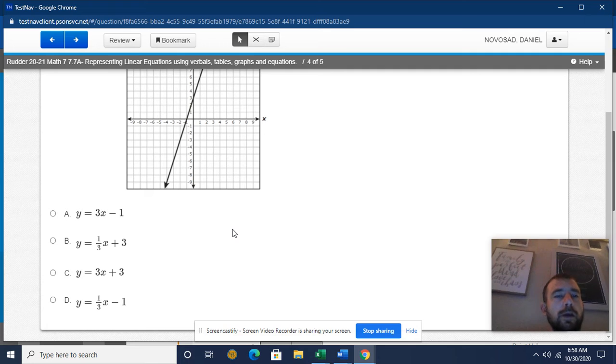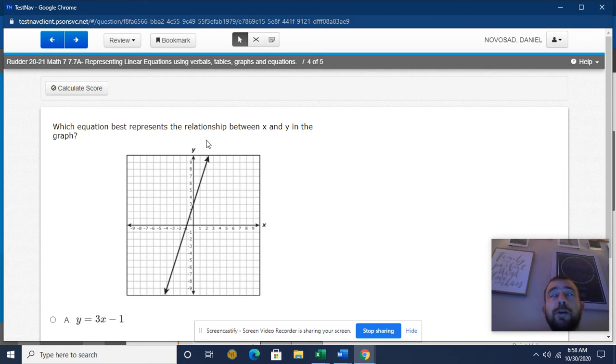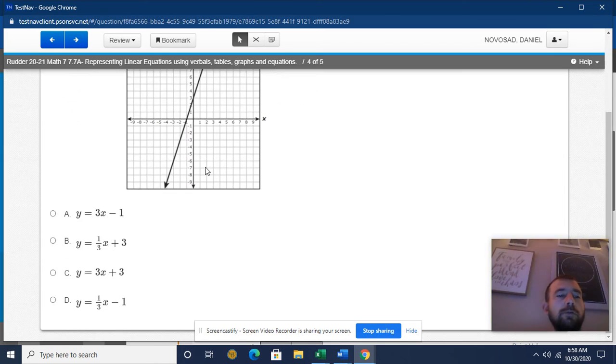Don't just do one, because maybe one works for more than one of these, but 2 should get you the correct answer. Make sure you're using your calculator if you have it, punching in your x values from your table to see if it matches your y values. So step 1, use a graphic organizer to make a table. Step 2, use your table and use these rules to determine which one works.